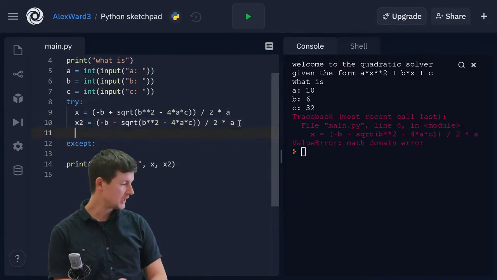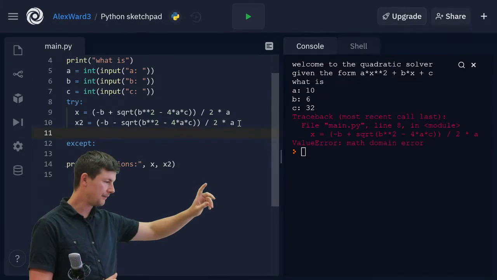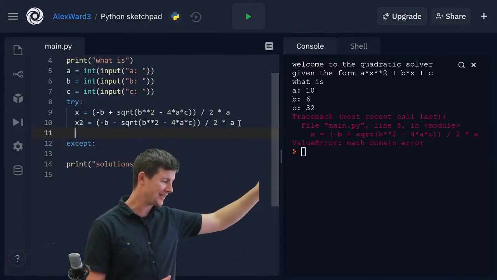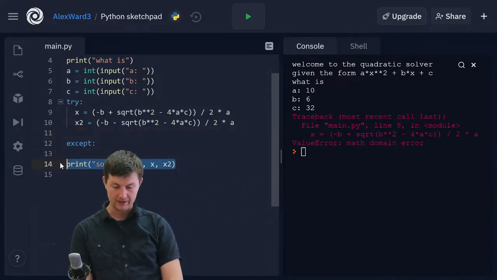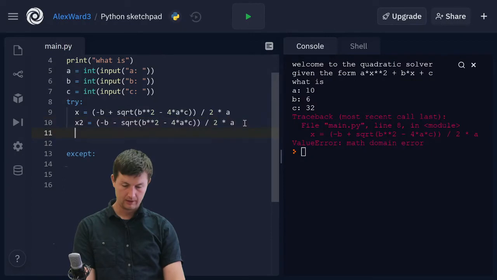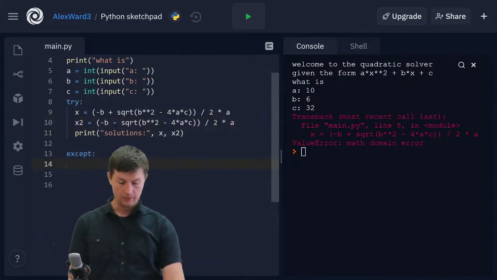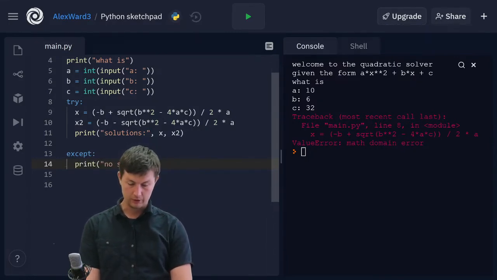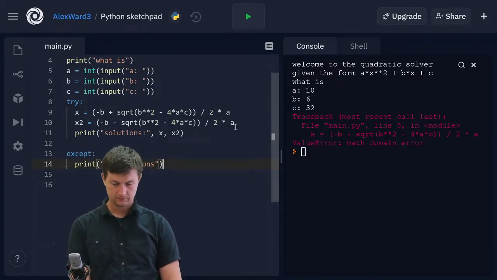So if there is an exception, it's going to run the code that we put in under here. In fact, we want this line in our try. And if it raises an exception to this, we're going to say print no solutions. And cool.